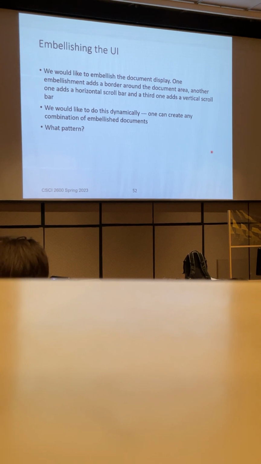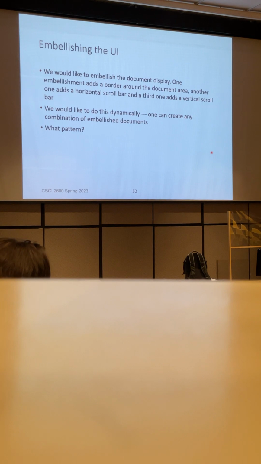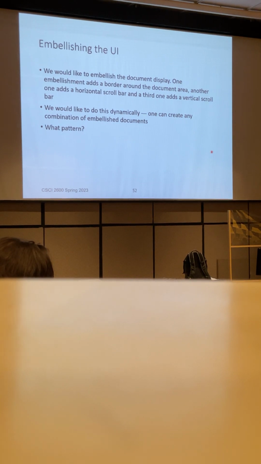All right, so another common task. We keep reviewing our different design patterns, and again, a design pattern is a known solution to a common problem. A common problem is making some embellishments to the UI, some decorations.